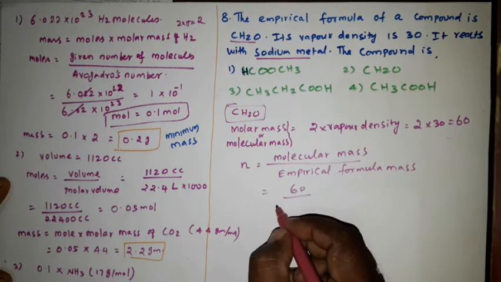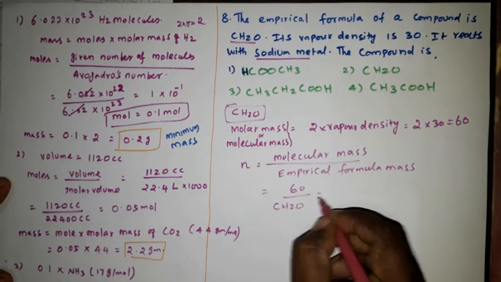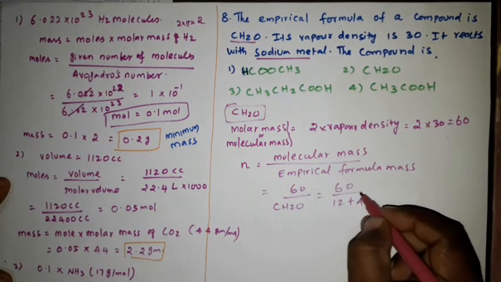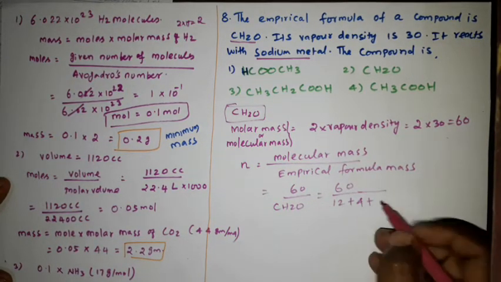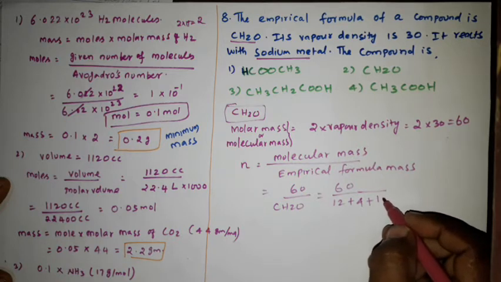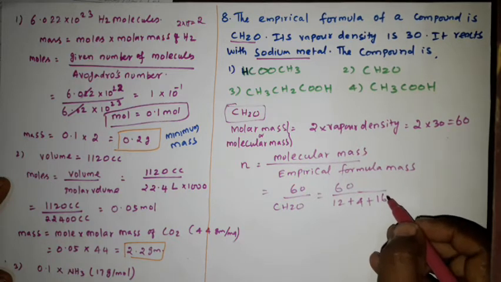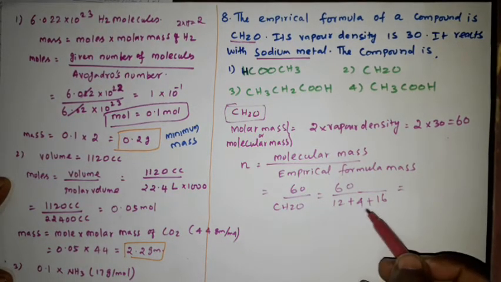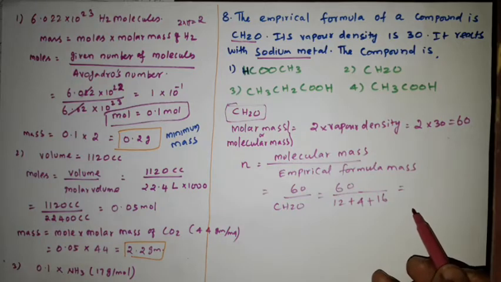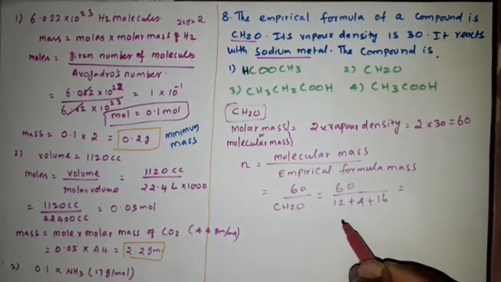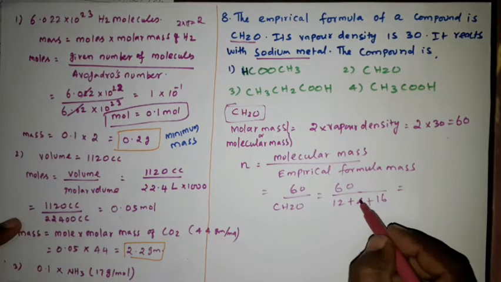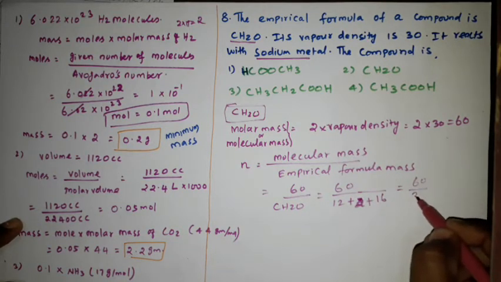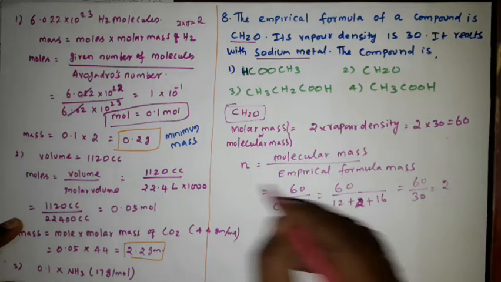That is carbon is 12, CH2O equal, 60 divided by 12 plus 4 plus oxygen 16. Oxygen 16. Okay. Sorry, one small correction is there. Here only 2 hydrogen, so here 2 will come. Okay, 60 divided by 30 equal 2. n equal to 2.